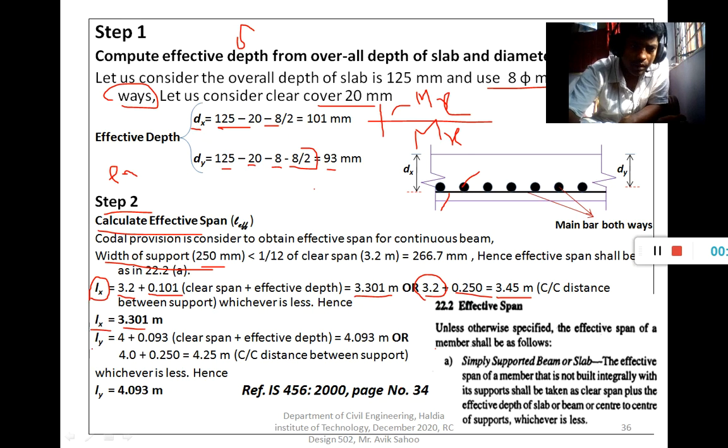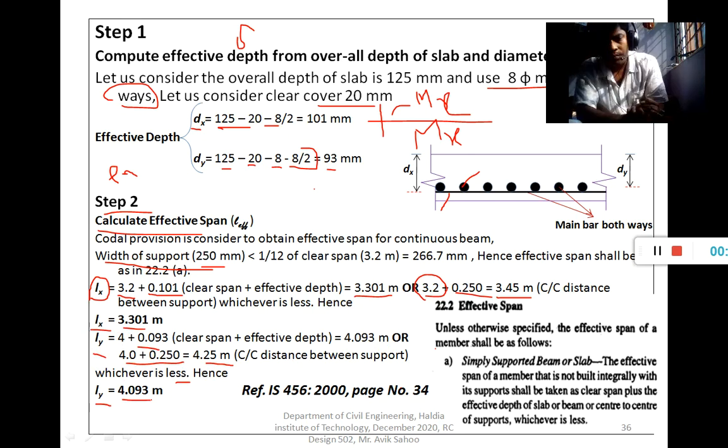Similarly, for the effective span along the longer direction, 4 is the longer clear span, add effective depth, or the center to center distance, 4.25 meter, whichever is less. Hence Ly is 4.093 meter.